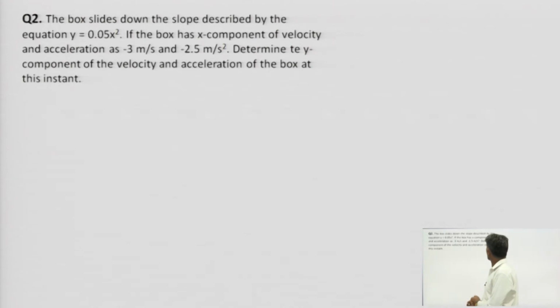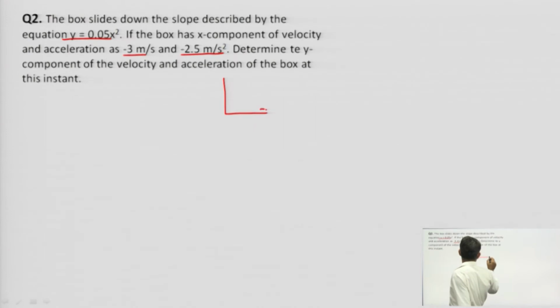Next question. In this question, the box slides down the slope described by the equation this one. If the box has x component of velocity and acceleration as 3 meter per second and minus 2.5 meter per second, let us write: described by, we have x and y, relation between x and y is given by this one equation.